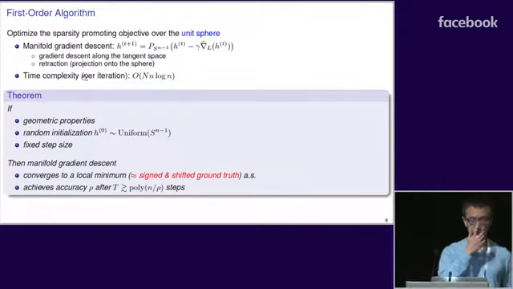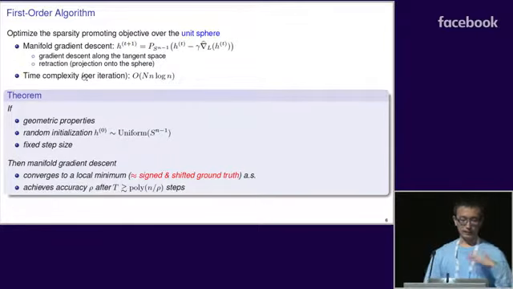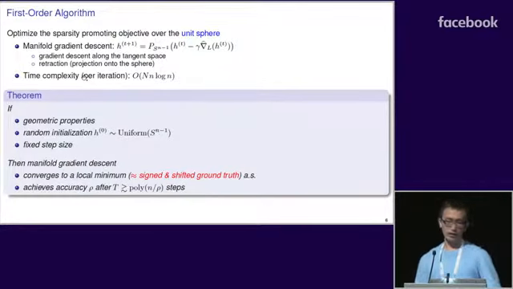Given these nice geometric properties, we give a theoretical guarantee for a simple first-order algorithm. It's called manifold gradient descent, which essentially takes a gradient step along the tangent space of the unit sphere and does a retraction, which is projection back to the unit sphere. This is a very low time complexity algorithm.